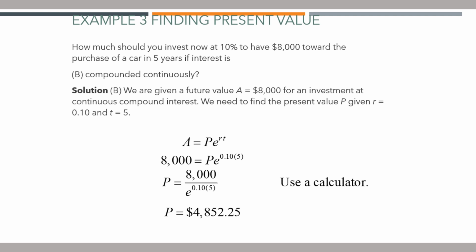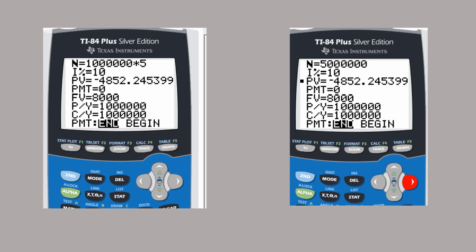When you use that exponential factor in the graphing calculator, we get the value for P as $4,852.25. The same value we can get using the TVM solver in a graphing calculator. In the graphing calculator, we use a large value for m, use the same large value for m, but here it is for 5 years with an interest of 10%.